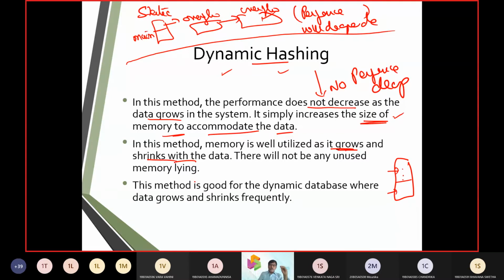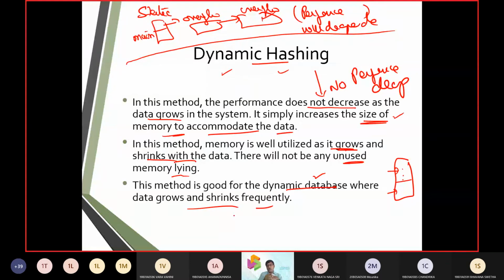When there is a drop, those memory locations can be used for something else. When there is a need, memory is allocated; when there is no need, unused memory does not participate in dynamic hashing memory. So this is purely suitable for a database which can grow or shrink frequently.